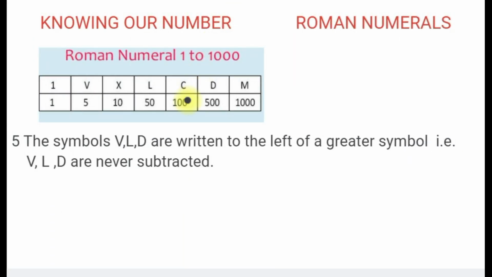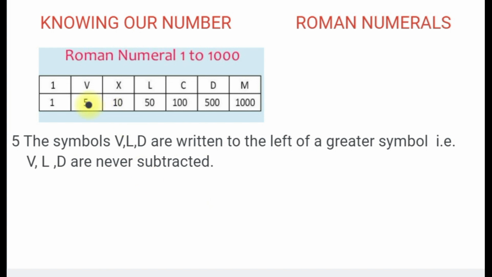So the symbols V, L, D, written to the left of a greater symbol, are never subtracted, right? So 5, 50 or 500, if they are at the left of a greater symbol, they are never subtracted. Very simple.